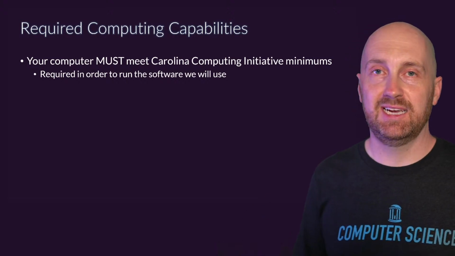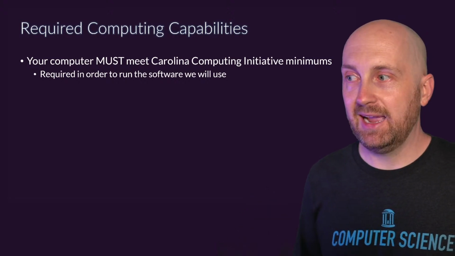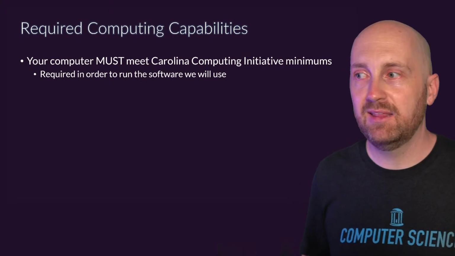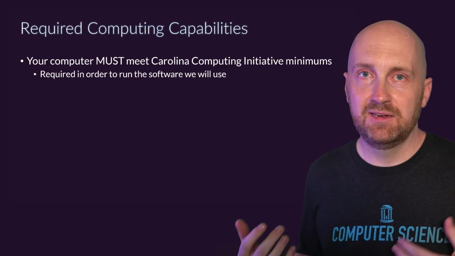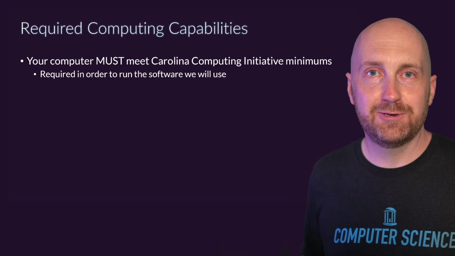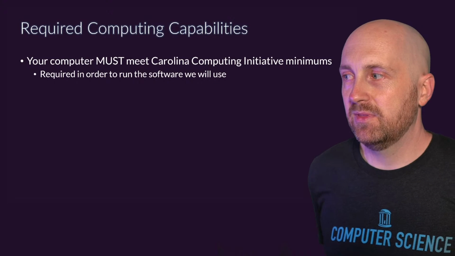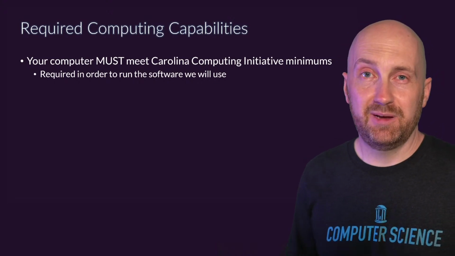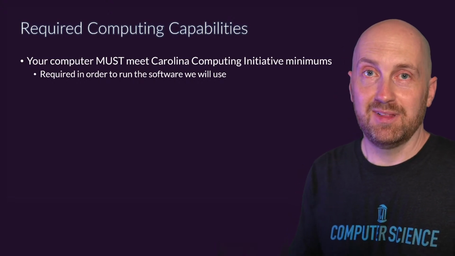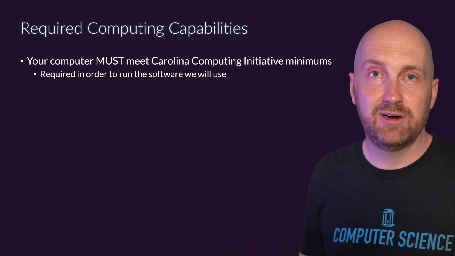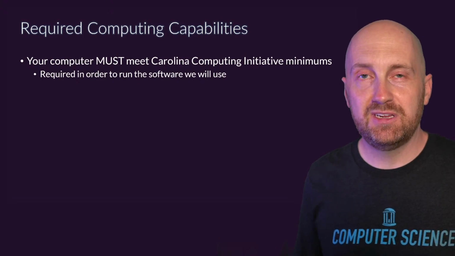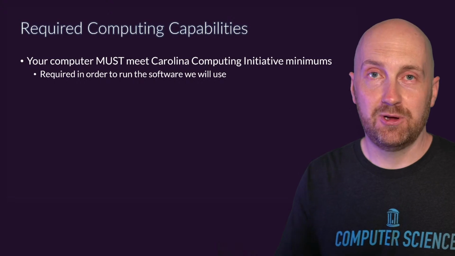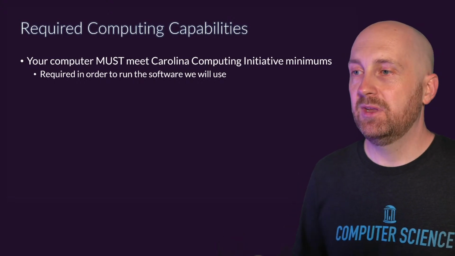If you didn't buy a CCI laptop, I'm pretty confident we didn't have anybody that ran into this in the pilot, but there's a chance that if you cut it really close on the RAM or something like that, that we may need to look for alternative solutions. But this is a course where we're going to be working with cutting edge industry software in Docker and virtual machines, and having a computer that's capable of doing that, which all CCI laptops are, is required.